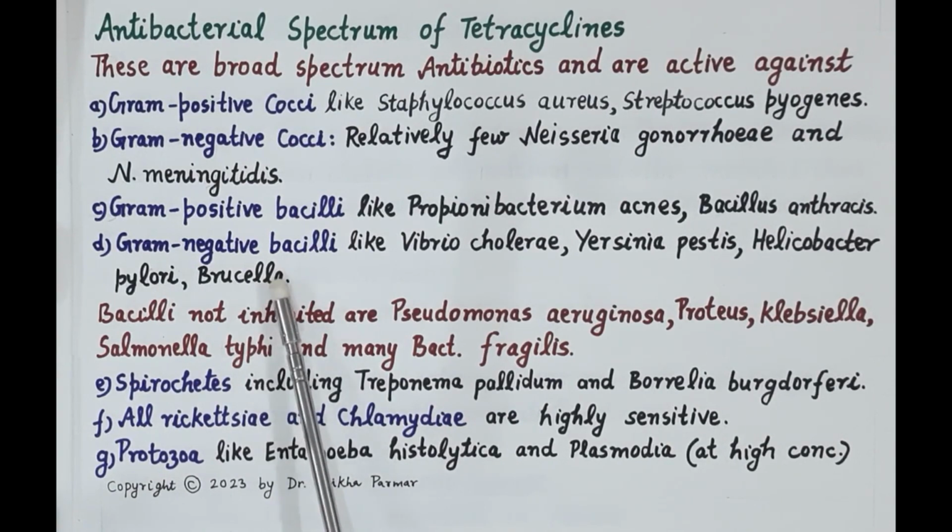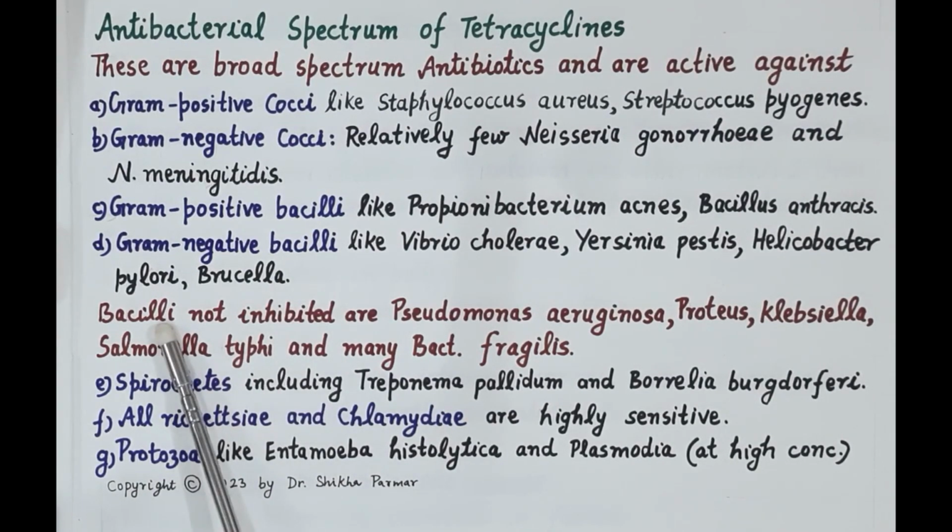Important to remember that gram-negative bacilli that are not inhibited by tetracyclines are Pseudomonas aeruginosa, then Proteus, Klebsiella, Salmonella typhi, and many Bacteroides fragilis.